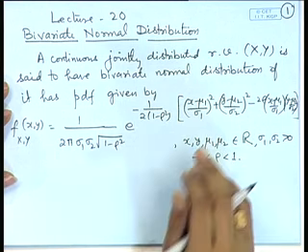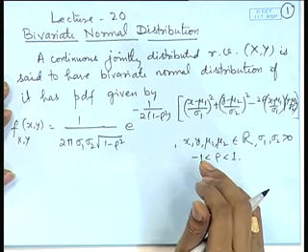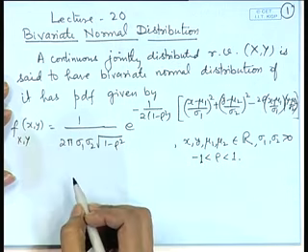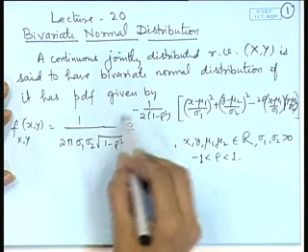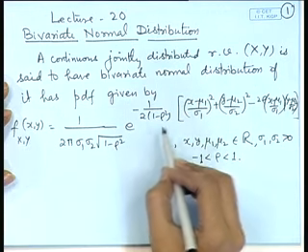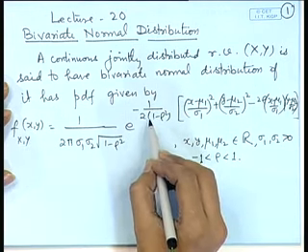So, first of all we look at what the marginal distributions and the conditional distributions are, and we would like to study the overall structure of this bivariate normal distribution. Suppose we want to find out the marginal distribution of x. In that case, we need to integrate this joint distribution with respect to y.